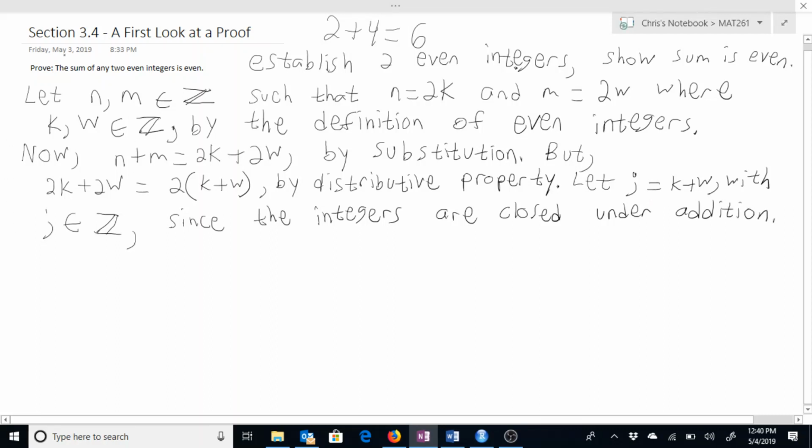Alright, so now we could just substitute in that j. So 2 times k plus w would be equal to 2 times j by substitution again.